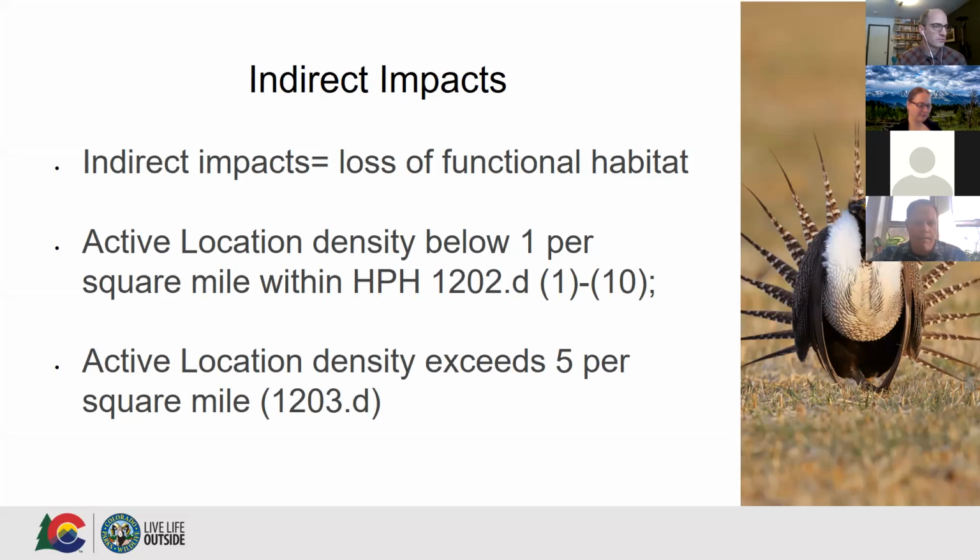This can be behavioral modification from the animals at a distance or an area greater than the physical footprint of the disturbance. So this is definitely a new concept under SB 181 and something that CPW is going to have to evaluate.